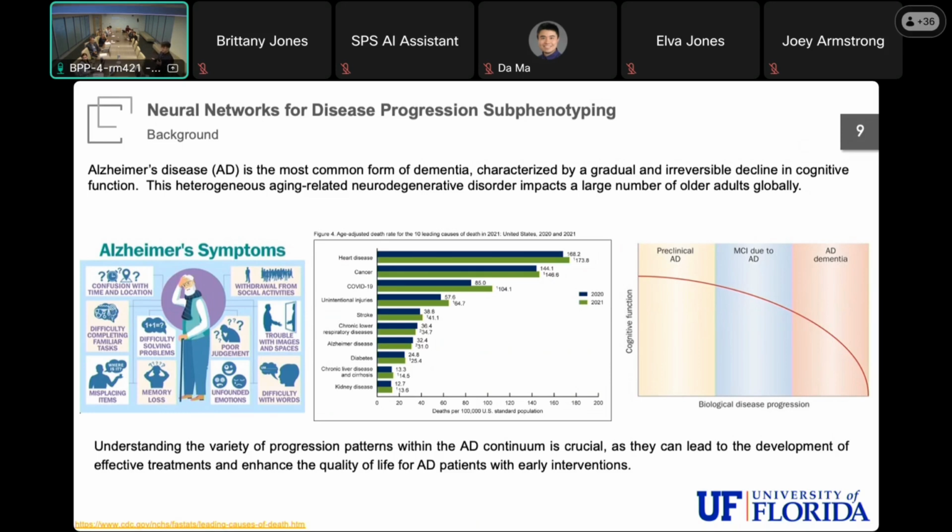Somebody experiences rapid deterioration and others do not. So understanding the variety of progression patterns within the AD continuum is very important, as it can lead to the development of effective treatments. Using these treatments, we can enhance the quality of life for the patient and their families. So in this study, we try to create AI models to decode the progression patterns from real-world data.